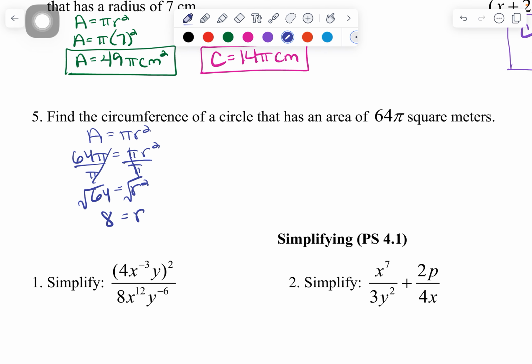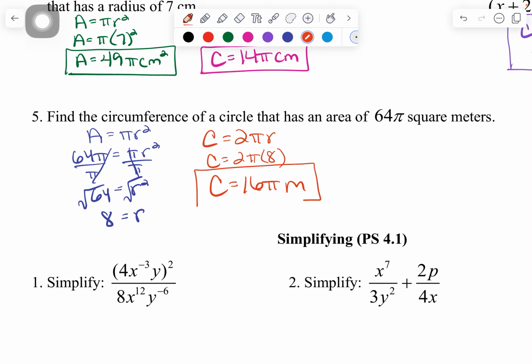Square root of 64 is 8. Now that you know what the radius is, r is 8, let's go ahead and find the circumference. So 2 pi r. So that's going to be 2 times pi times 8. So circumference equal to 16 pi, and the units here would be meters. So while area was square meters, circumference is just meters.